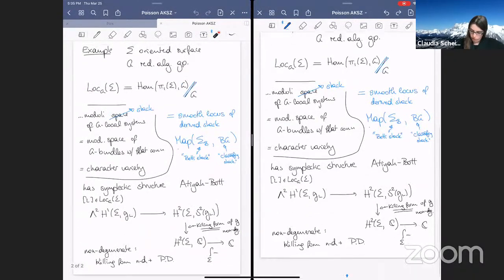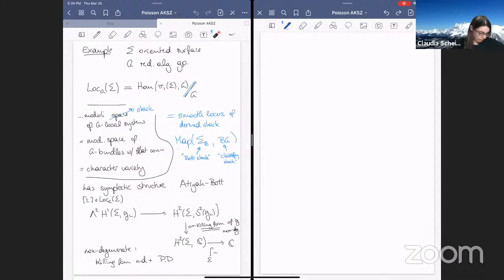Okay. Good. So let's see. The missing ingredient maybe that I should mention here is that we wanted to understand this as a symplectic form.